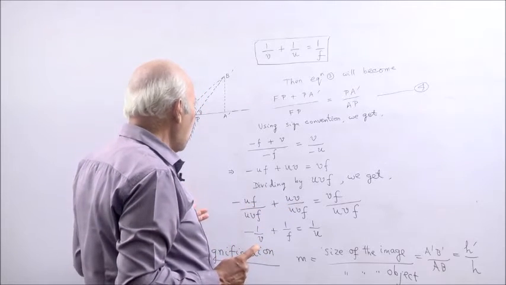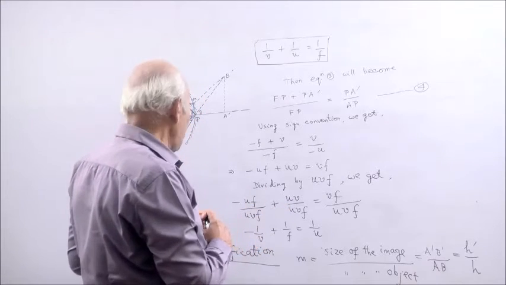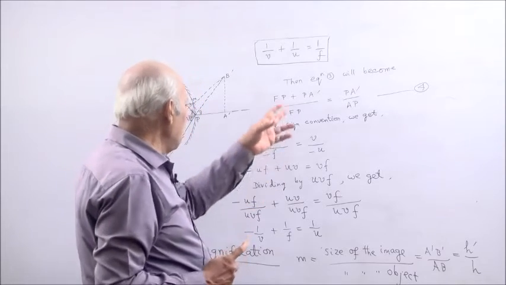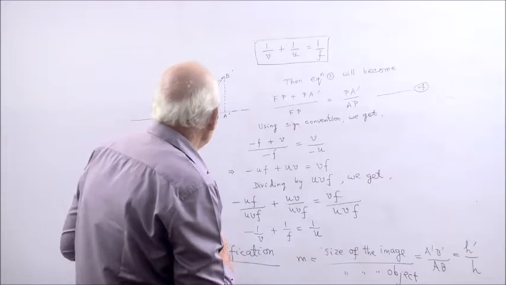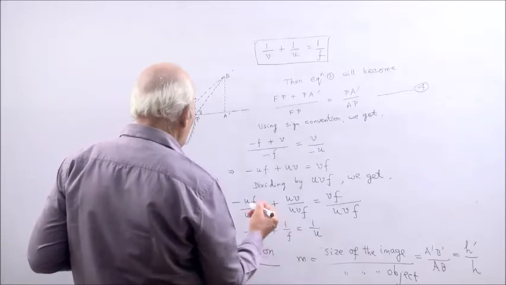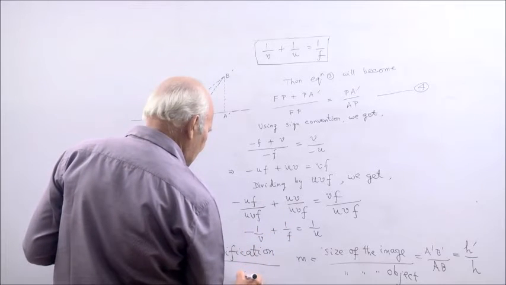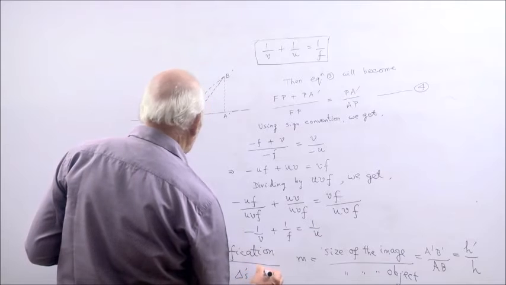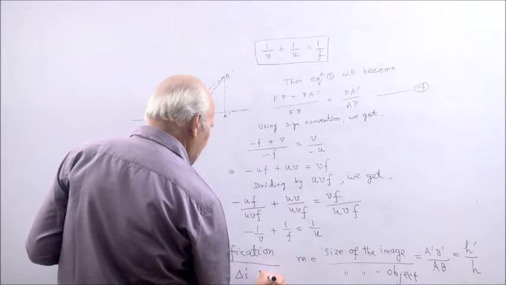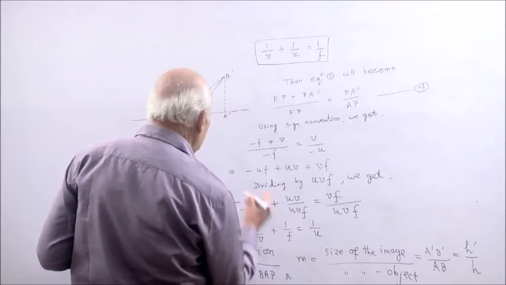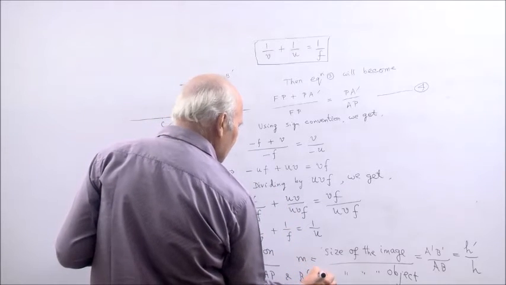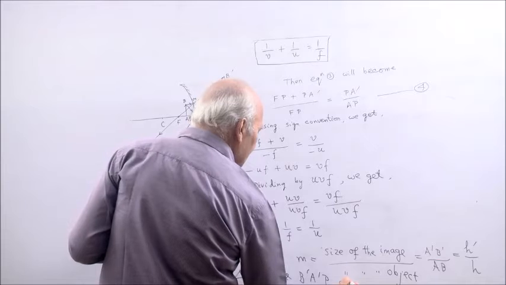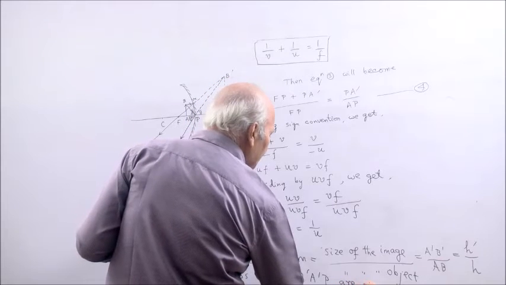Then one may question how you get minus V by U. From the equations that we have erased, you see that triangles BAP and B dash A dash P are similar.